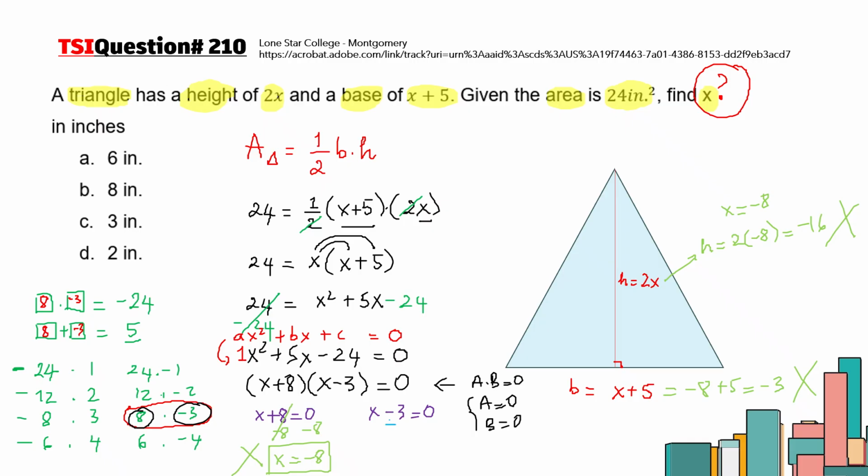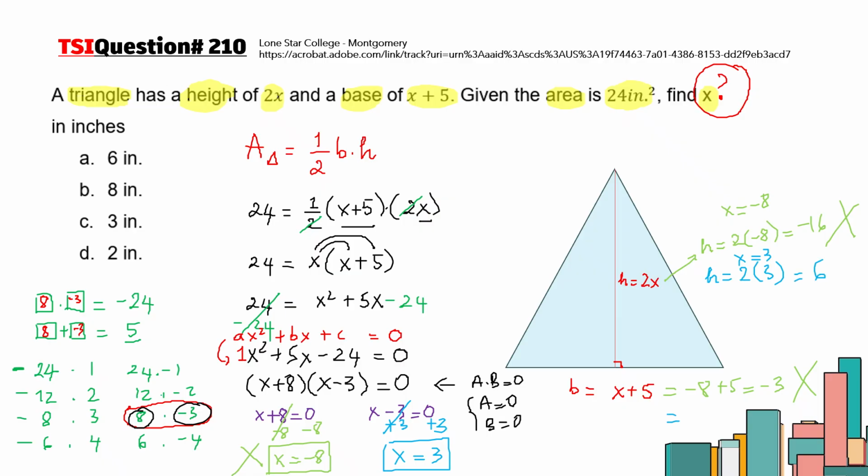Now we try the second one. We add 3 to both sides so that we cancel this, and then we have x equals 3. Perfect. So x equals 3. If they're asking for the height, you will have 2 times 3, when x equals 3, that is 6 inches.